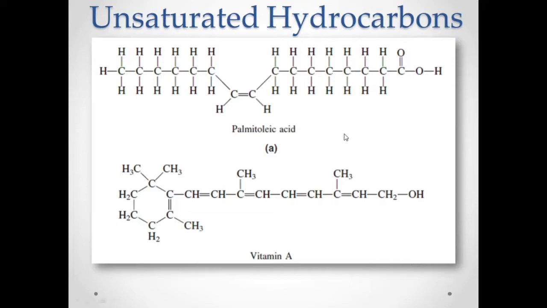But in this case, palmitoleic acid is also known as a monounsaturated fatty acid because when we say mono, that means one. It has one unsaturation, that means it has one carbon to carbon double bond, so it is a monounsaturated fatty acid.